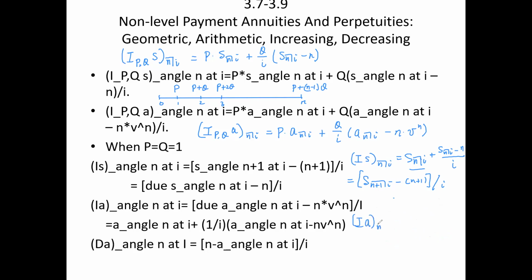IA sub n angle I, that will be equal to the annuity due n angle I and then minus n times v to the n over I. Okay. This is 1.